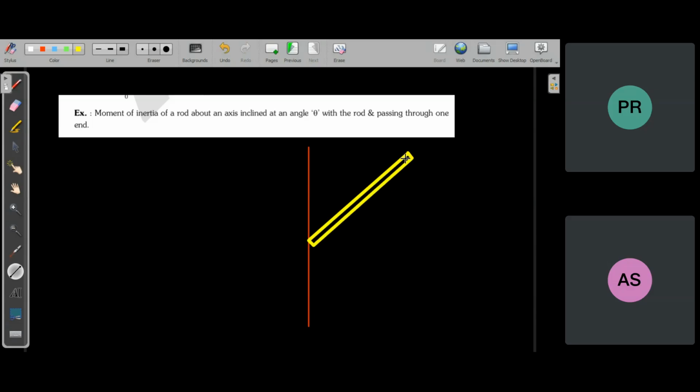Here this angle is theta, which is given. The mass of this rod is, let's say, m, and its length is, let's say, l. You have to find its moment of inertia about this axis.